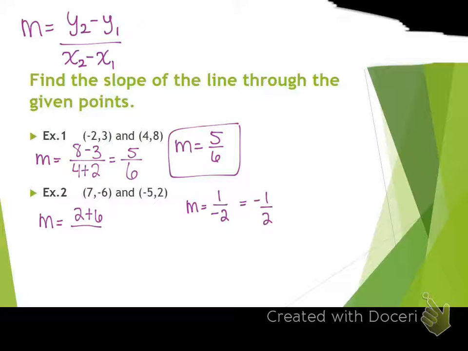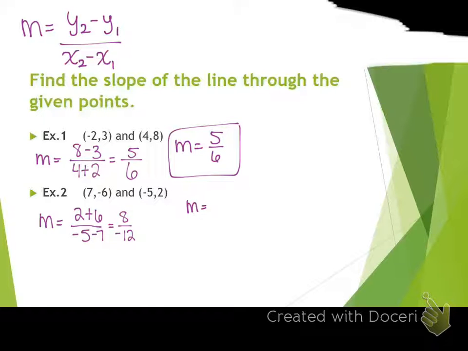What would go on the bottom? Negative 5 minus 7. Good. So 2 plus 6 over negative 5 minus 7. Okay, so these ones are not what we thought anymore. Simplify it.